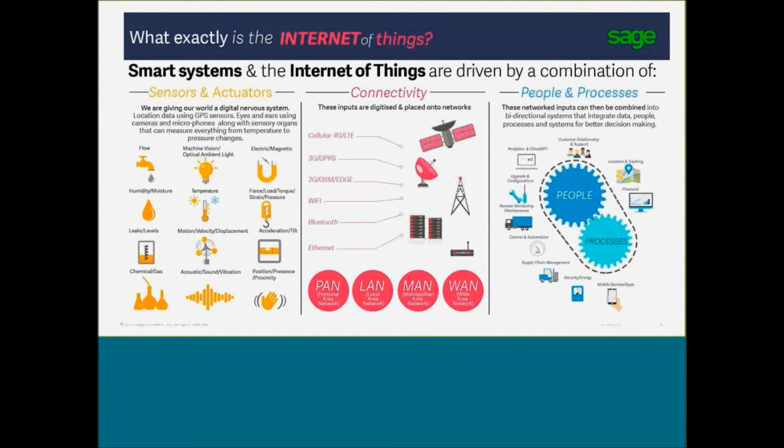And in the middle there, you see the connectivity, which spans various private networks, local area networks, radio, Bluetooth. There's a whole wide variety of different types of connectivity and an offering which is growing significantly day by day.